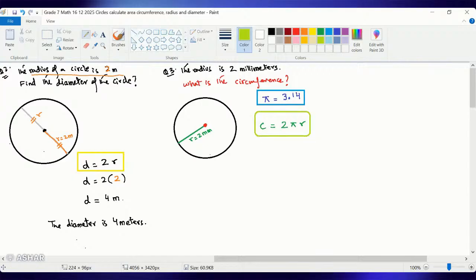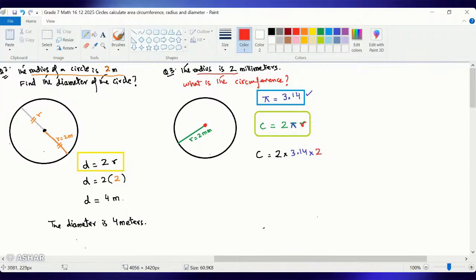Let's apply the values into the formula. We write 2 multiplied by pi, the value of pi is 3.14, multiplied by the radius, which was given as 2 millimeters.